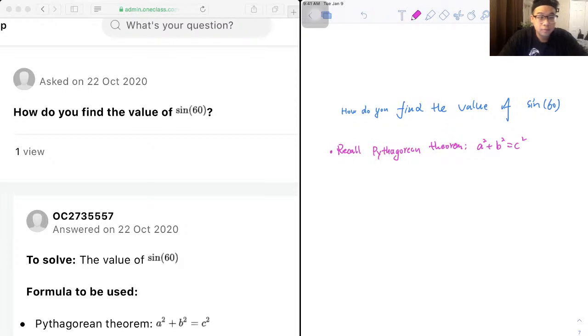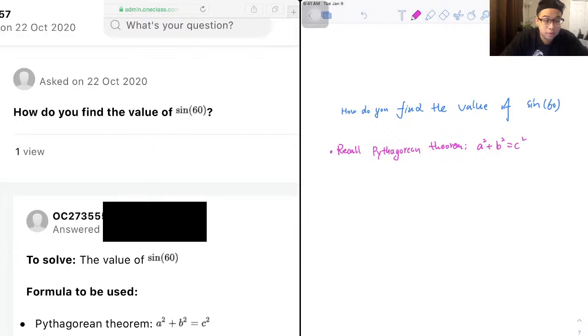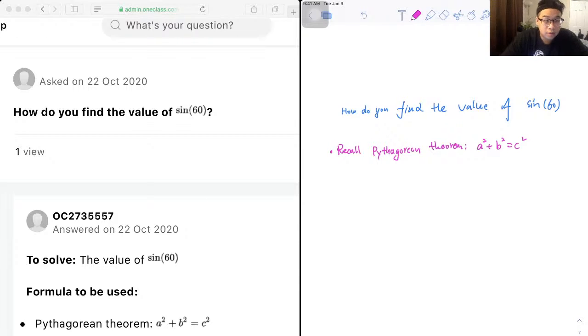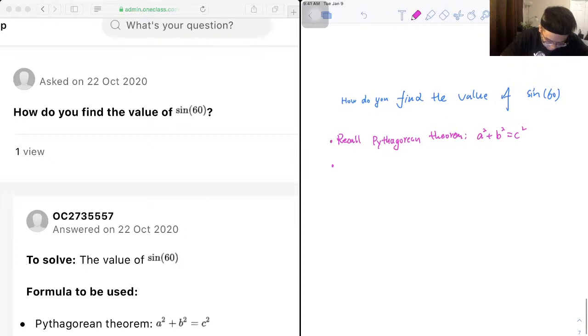Right. And the second thing would be our special triangle with a 30 degrees angle, 60 degrees angle, and 90 degrees angle. Right.